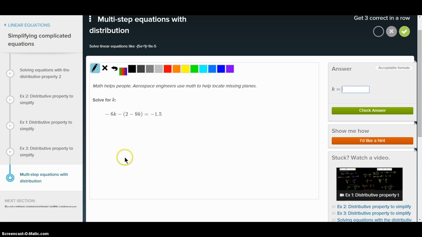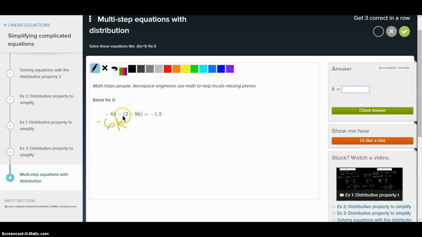Alright, so next question. Okay, so negative 6k minus, and then quantity 2 minus 9k equals negative 1.5. So let's rewrite this and then distribute the terms. We have negative 6k. And then let's distribute this negative 1 into 2 and negative 9.